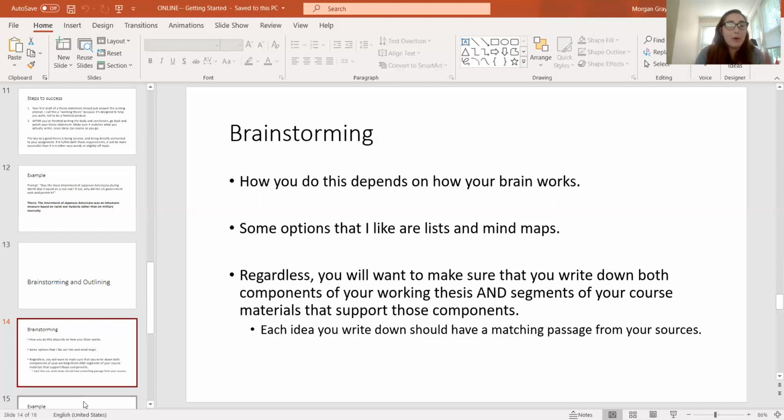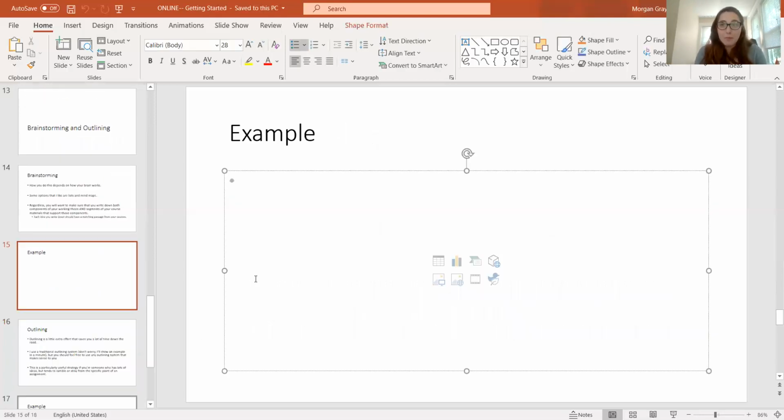For example, and I will write in here right now, if I'm working with my thesis, right, no military necessity, source 1, page 2.